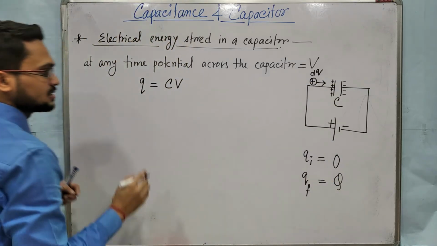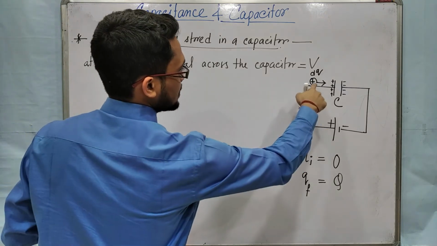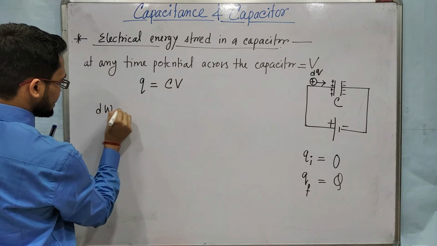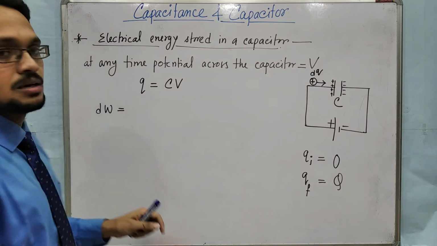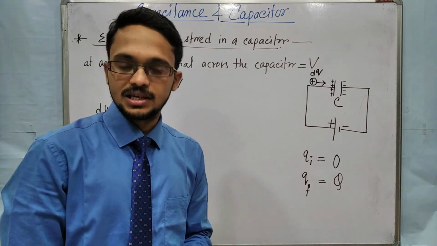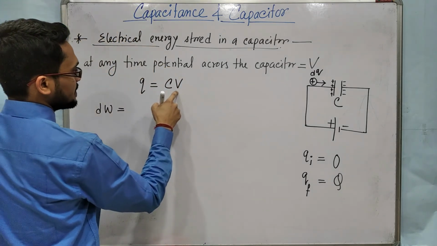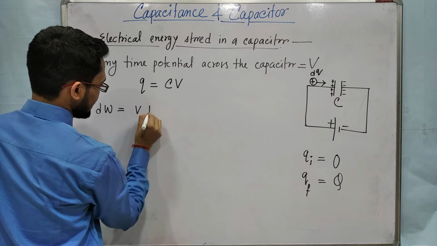First, the work done on this dq charge, I am writing dw. Work done is potential into charge, W equal to Q into V. So here dq and V, so V dq.